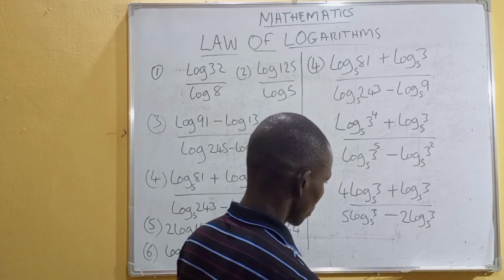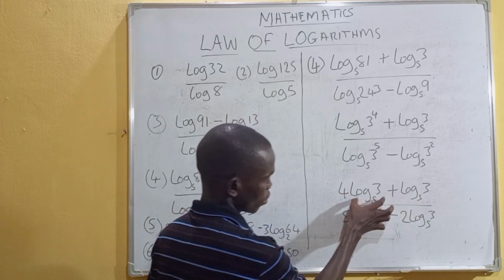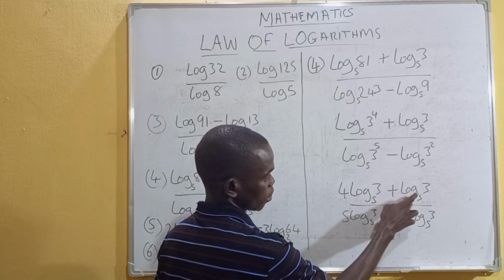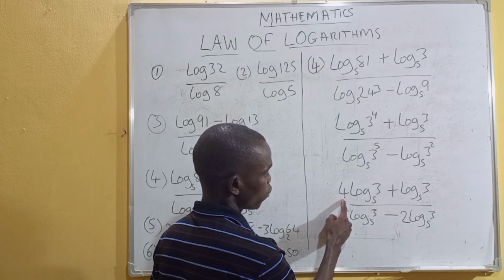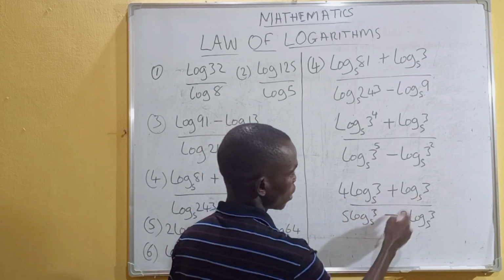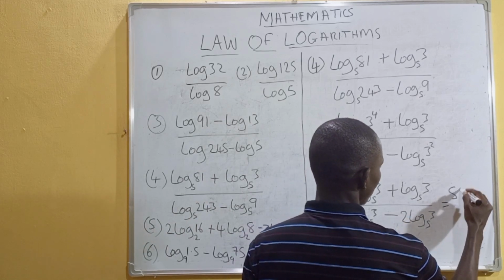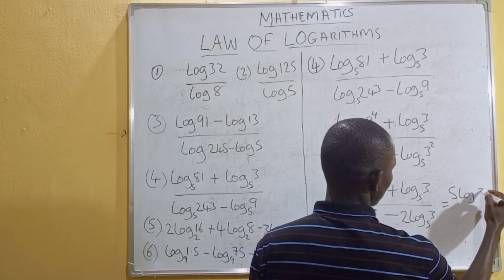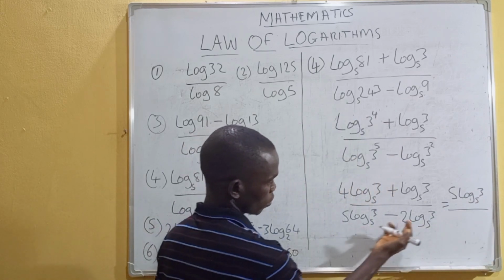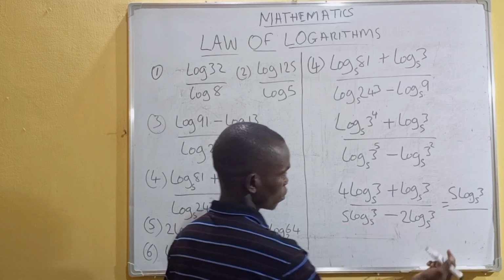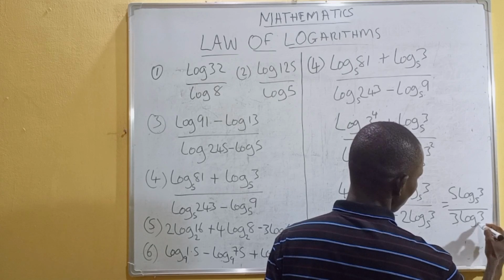If you look at it now, this is like 4s plus s, because they have the same factor. So when you factor the log, this will be 5 log 3 with a base 5, divided by, when you subtract, 5 minus 2, which is 3 log 3 with a base 5.